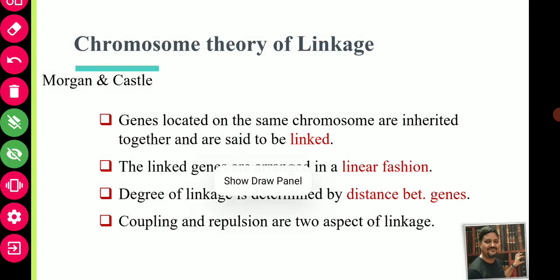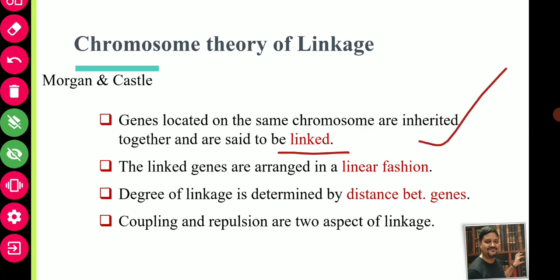Now, what is the chromosome theory of linkage? Morgan and Castle, based on their work on Drosophila regarding linkage, gave the chromosome theory of linkage. According to that theory, genes are located on the same chromosome. Genes located on the same chromosome are said to be linked, because they will be inherited together.